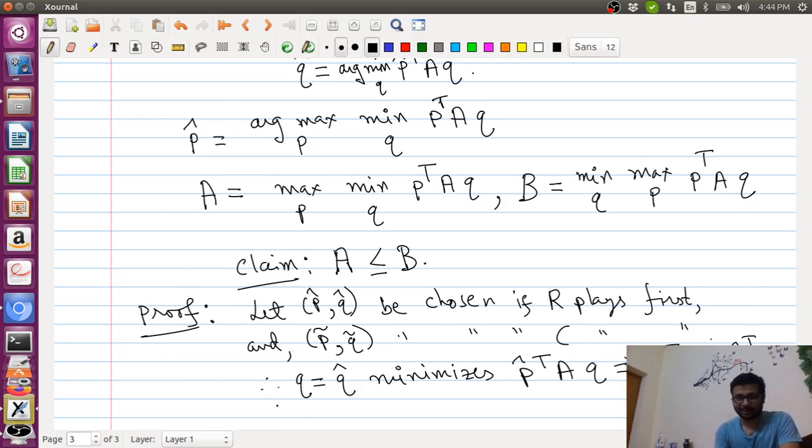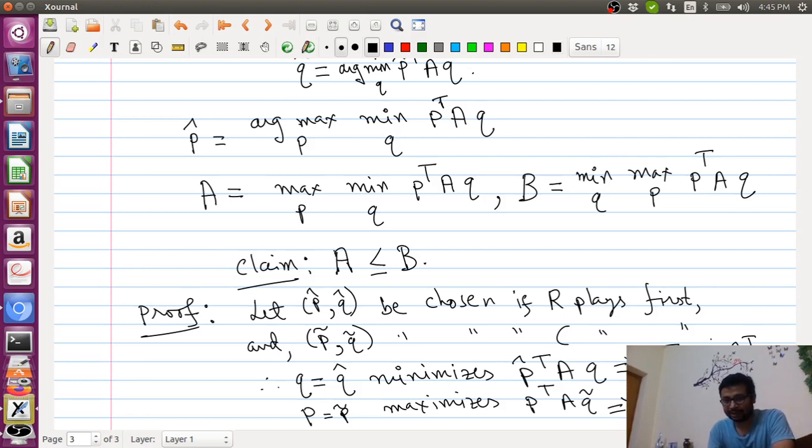And a similar argument, if we look at B, then P equal to P tilde maximizes P transpose A Q tilde, which means that P tilde transpose A Q tilde is greater than or equal to any other P in place of P tilde, in particular P hat.